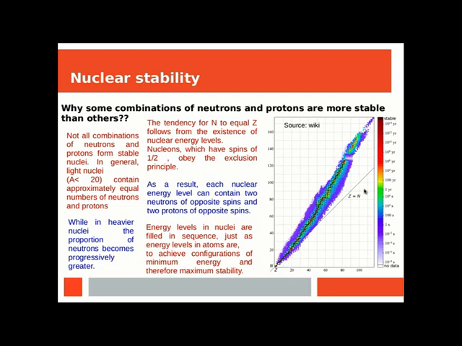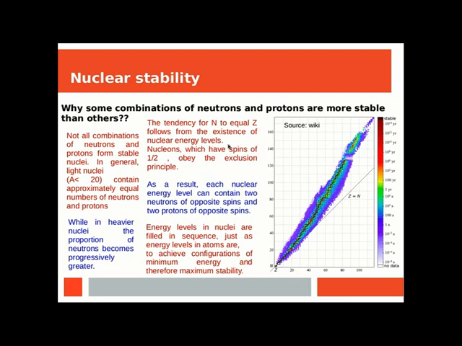This happens because heavier nuclei have a greater number of neutrons than the number of protons, because it is necessary for them to have extra neutrons to acquire stability. So the tendency of N equal to Z, which gives rise to the stability, comes from the Pauli's exclusion principle.